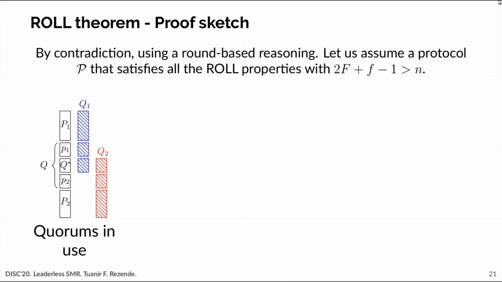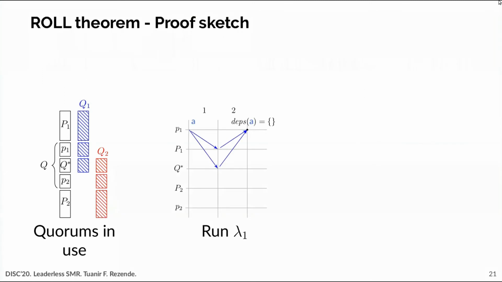It's important to notice that by the inequation, we have that there exist at least two distinct processes, p1 and p2, that belong to Q, and Q1 and Q2 are defined as we can see in the picture. So now, let us define a run lambda1 where no failure occurs, which starts with the submission of command A by process p1, and only the processes in big Q1 take steps.